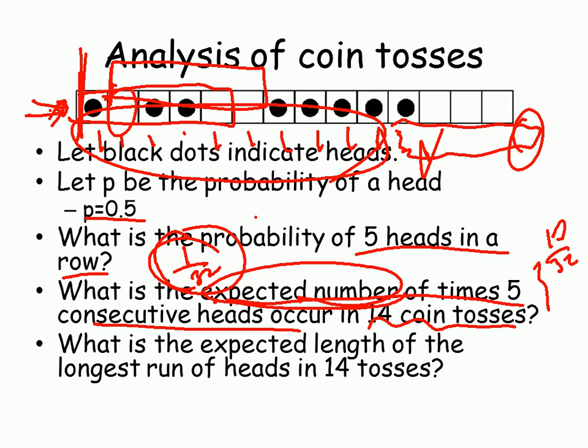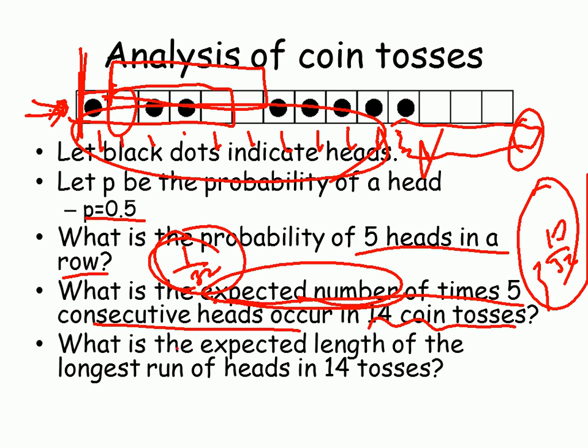And at each location, the probability of having 5 consecutive heads is 1 over 32. So you start at each location, you have 1 over 32 chances of getting 5 heads in a row. You can try that 10 times. The expected number of times that you will get 5 consecutive heads is 10 over 32.